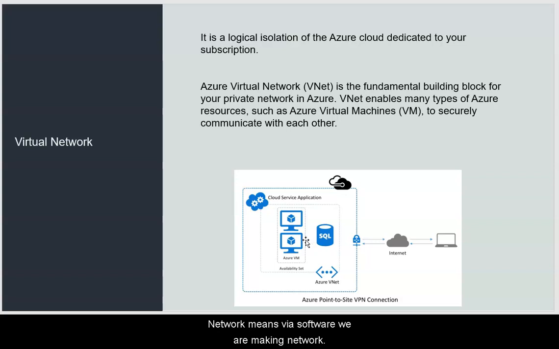We are not using a physical network, everything is in a virtual format. We do it via the portal, but somewhere it is connecting, and it is done via software. That's why it is a virtual network.